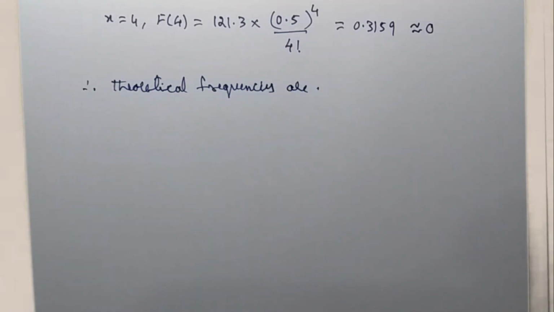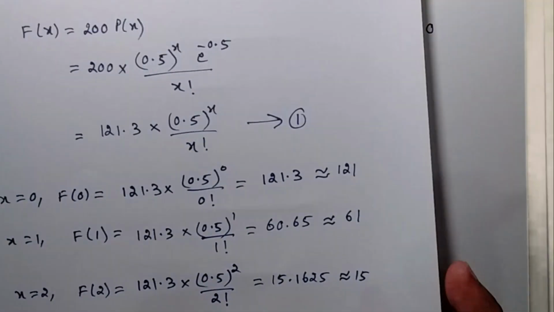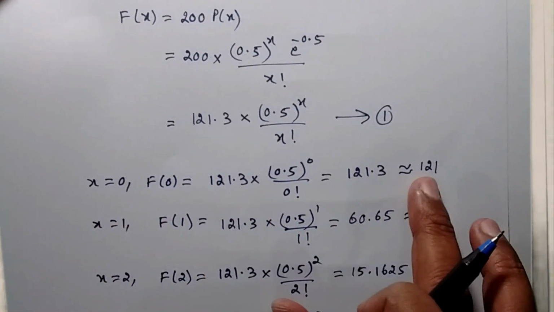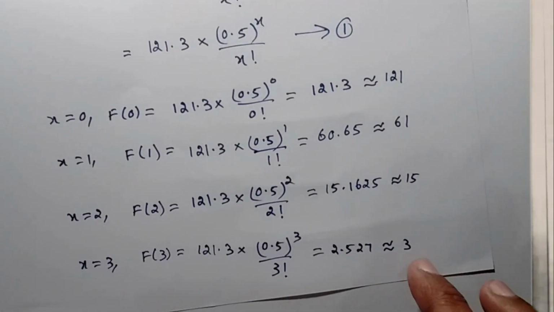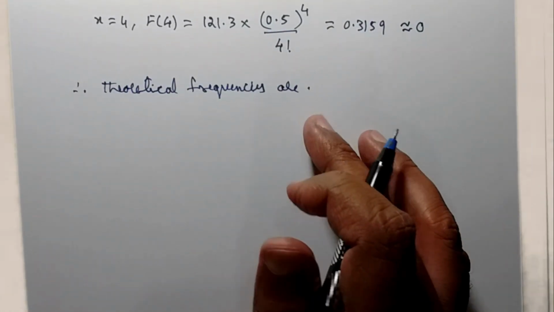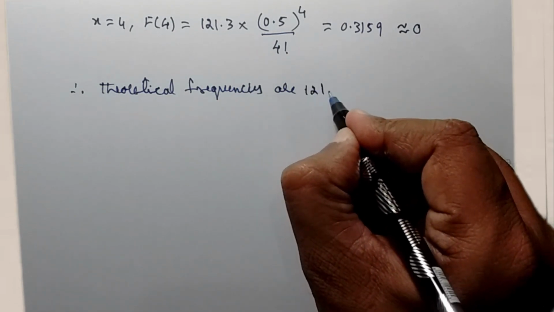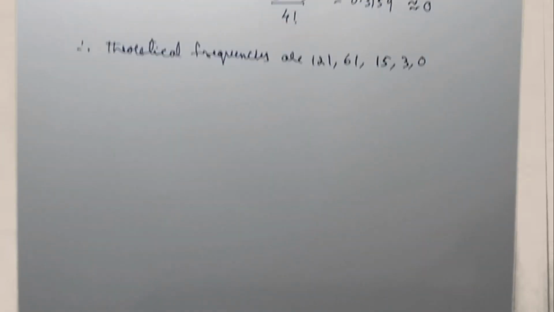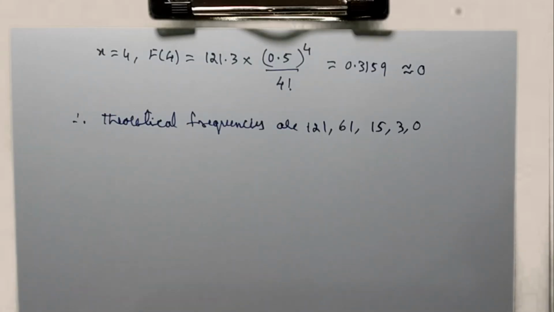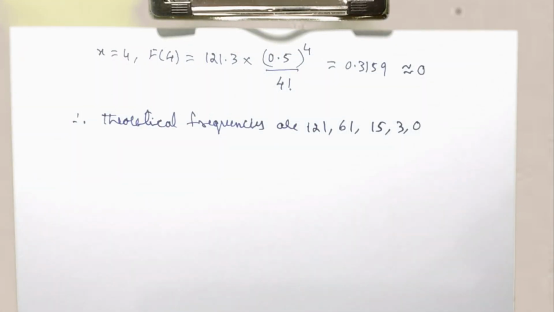Starting from the first value, when x is 0, we got 121, next is 61, next is 15, next is 3, next is 0. So 121, 61, 15, 3 and 0. Now put these theoretical frequencies in the table that is given in the question.